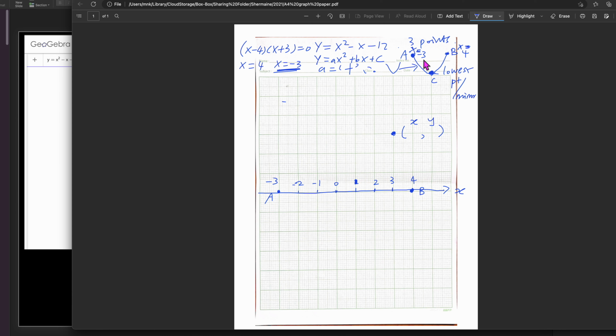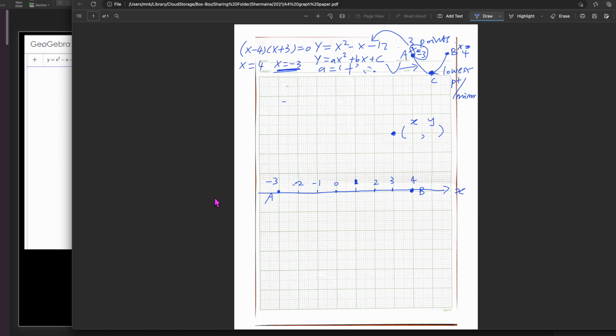So you know the x coordinate is negative 3. So how do you find the y coordinate? Do the table. No need. Your x coordinate is negative 3, right? To find the y coordinate, just substitute into this. Because you substitute in the x, you get the y, right? Yeah, good. So what's the y?